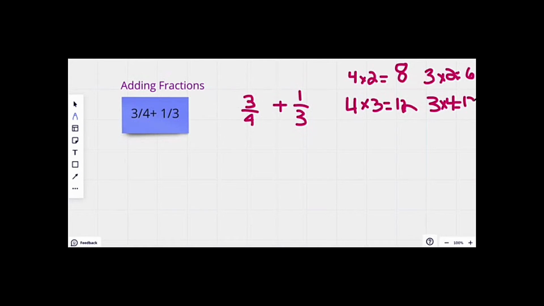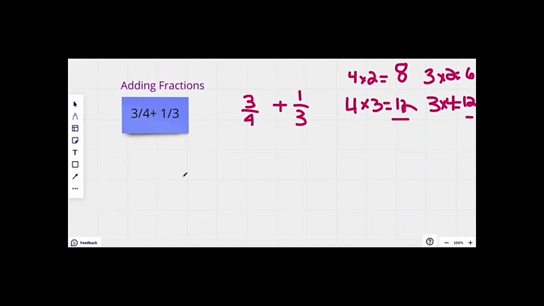So we finally found a number that can actually be used as the same denominator, because there's something in both timetables that will give us the same result. 4 times 3 equals 12 and 3 times 4 equals 12, which means we can use 12 as our denominator.